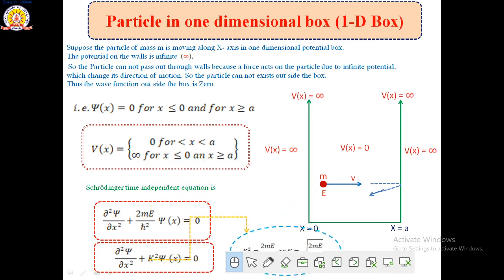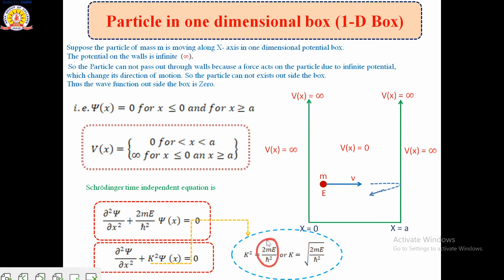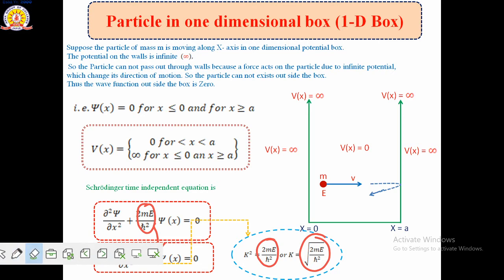K square is 2mE upon h cross square, so K will be the square root of 2mE upon h cross square. You have to remember these values, because I will use this equation.